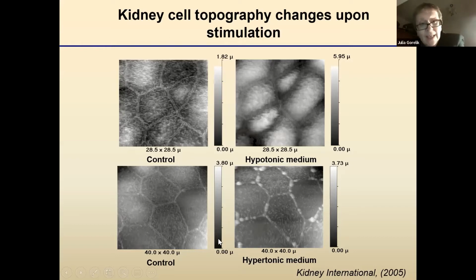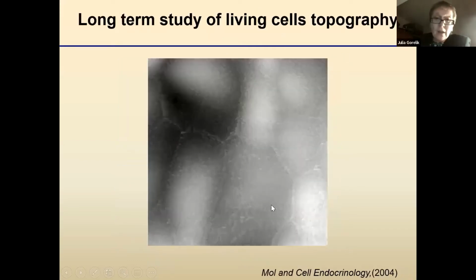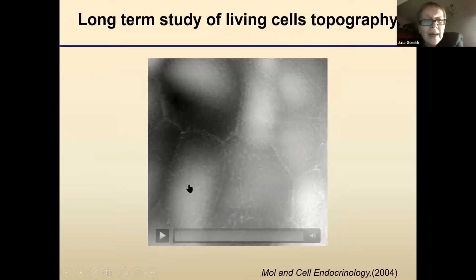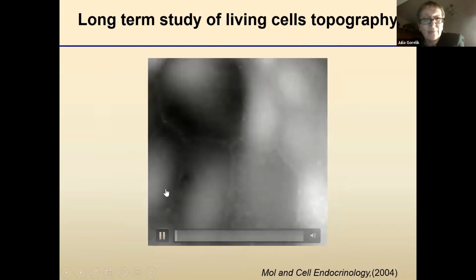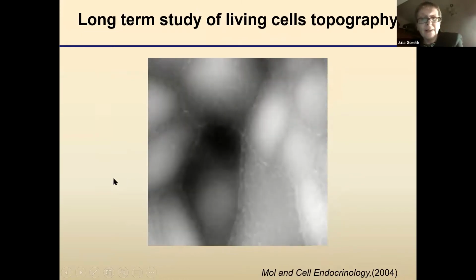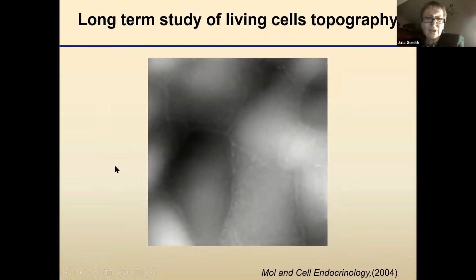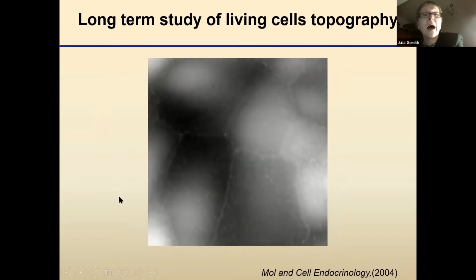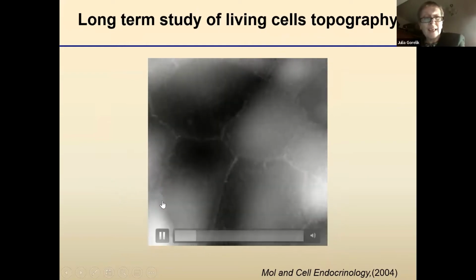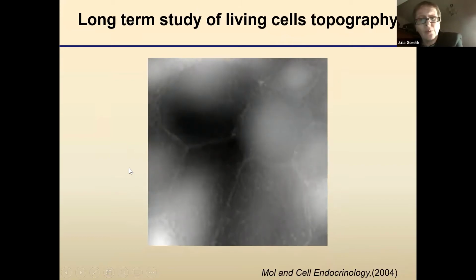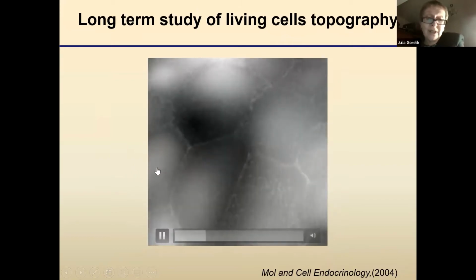When you add the hypertonic medium stress, you see how the cells lose integrity between the epithelial cells. We can also scan for a long time and see how cells change volume. This is also epithelial cells, and how the cells can change volume and shape during 24 hours.